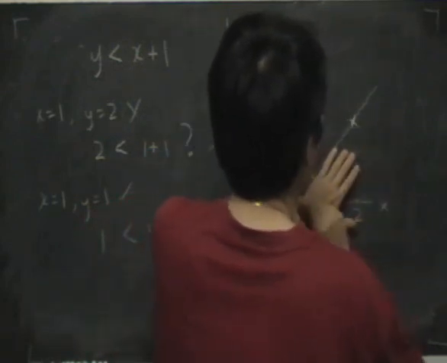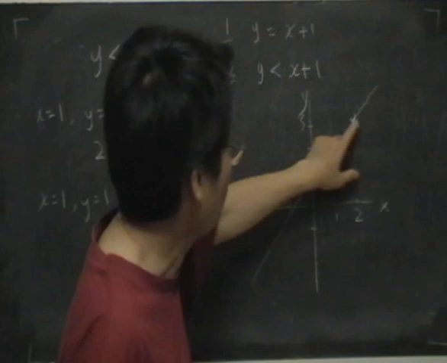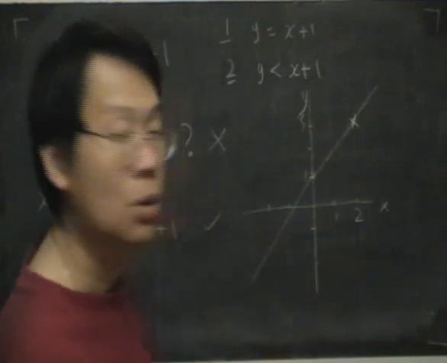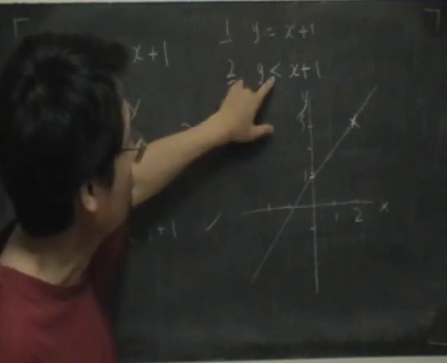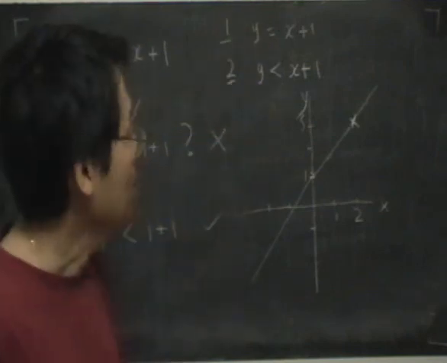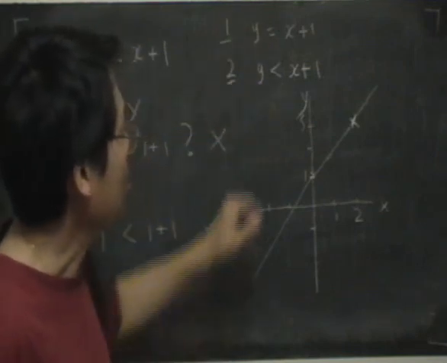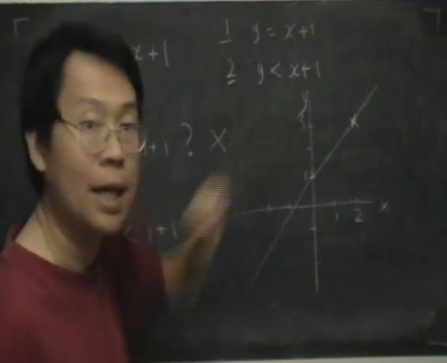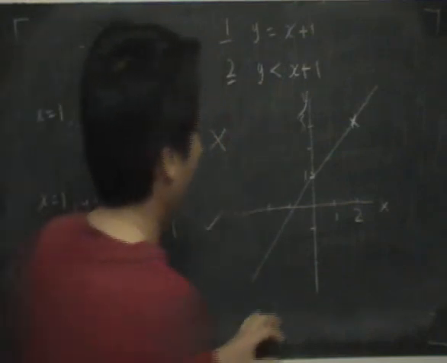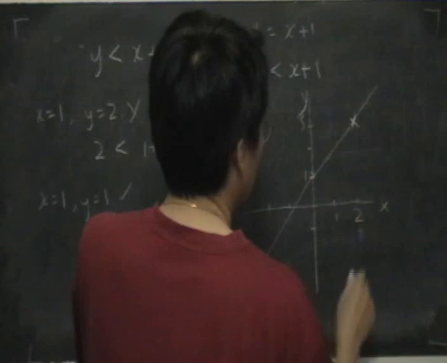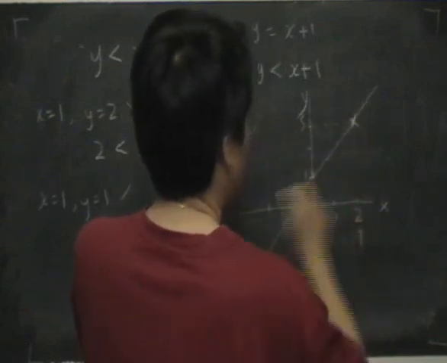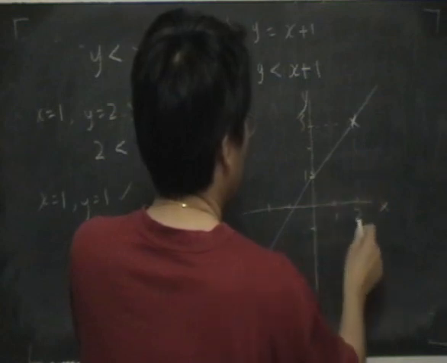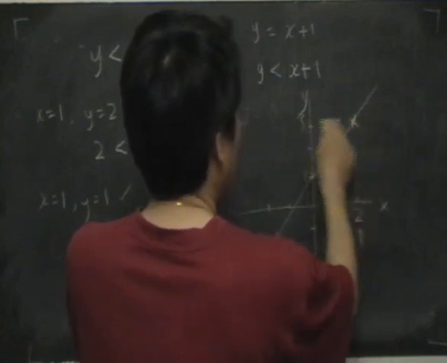So the y there is 3 and x there is 2. Now if I change this to a less than sign, it means that y must be less than x plus 1. If x is 2, x plus 1 is 3.